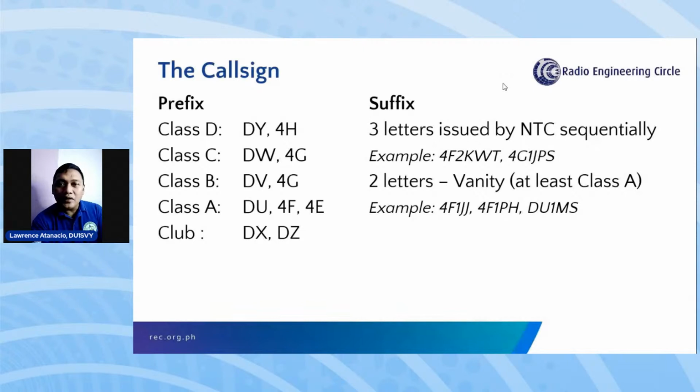So 3 letters issued by NTC sequentially, example 4F2KWT or 4G1GPS. 2 letters vanity at least Class A, example 4F1JJ, 4F1PH, ayan, DU1MS. Yan po yung example ng ating mga call sign. No? Next slide.